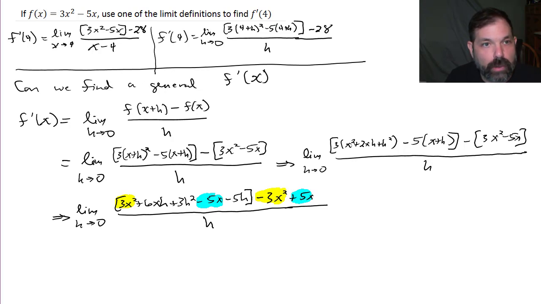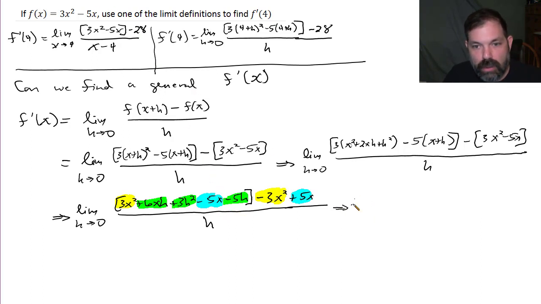Then what's left? Let me highlight the remaining terms here in green. Notice that the remaining terms here, 6xh, 3h squared, minus 5h, all have a common factor of h. Let's factor out the common factor.